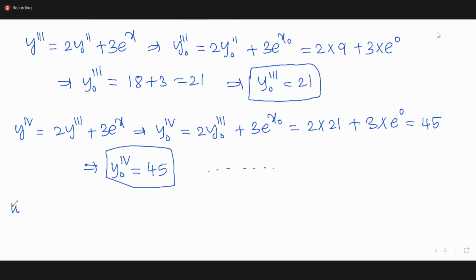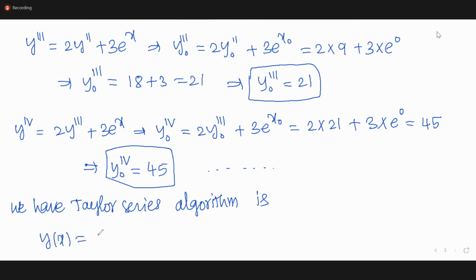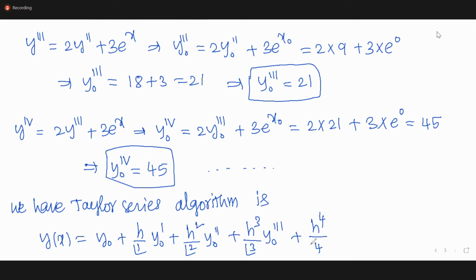We have the Taylor series algorithm: y of x is equal to y naught plus h by 1 factorial into y naught dash plus h square by 2 factorial y naught double dash plus h cube by 3 factorial y naught triple dash plus h power 4 by 4 factorial y naught fourth order derivative plus so on.